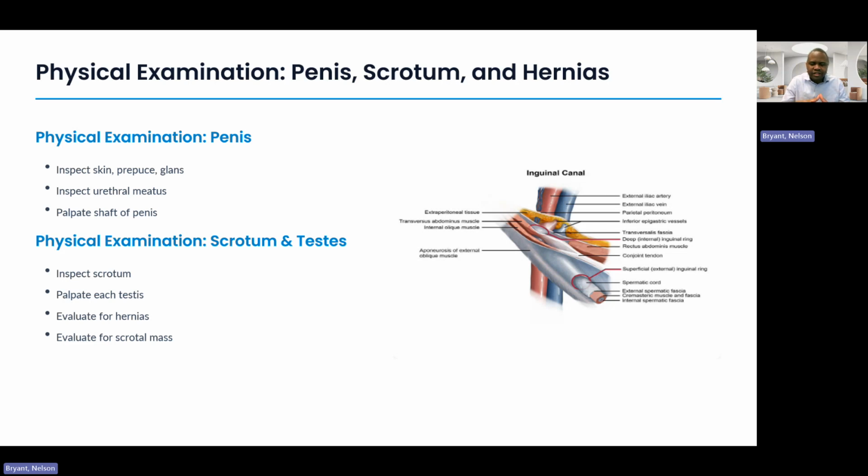Let's talk about hernias again, and examining the inguinal canal while the patient coughs, for example, or bears down. This is very helpful when we are assessing for hernias, which helps us differentiate between types of hernias based on their presentation.